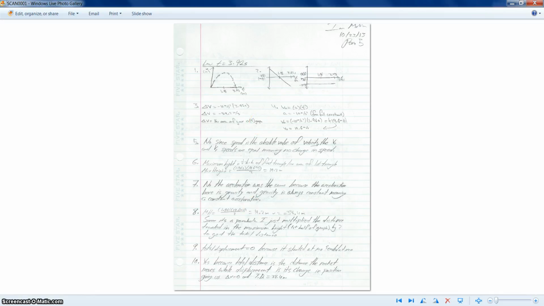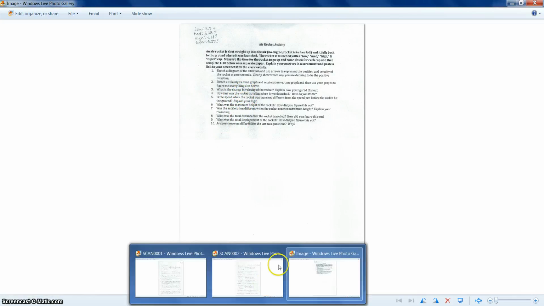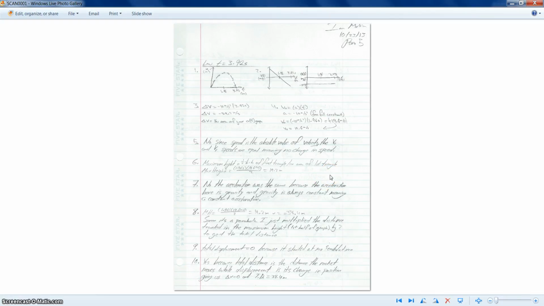Number 4 asked, how fast was the rocket traveling when it was launched, and how do we know? It was basically asking what's our V naught. And our V naught is just our acceleration times our time, and our acceleration is negative 10 meters per second squared, which is the free fall constant.